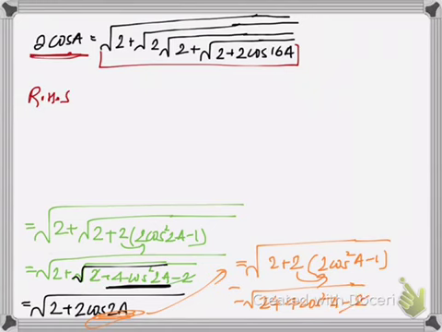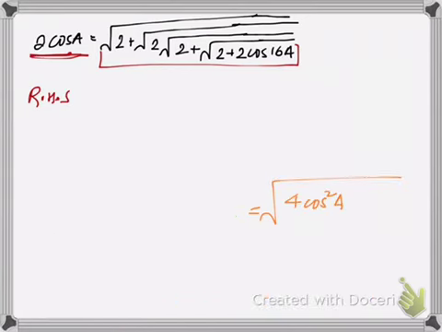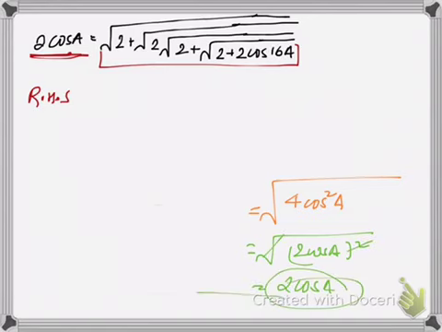These two terms get cancelled, and under the root we have 4 cos squared A, and it can be interpreted as 2 cos A, and then it's whole square. These two terms get cancelled, so finally we have 2 cos A, which is our left hand side of the equation. So we have proved this question.